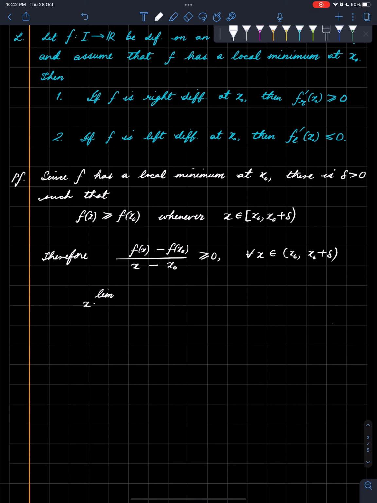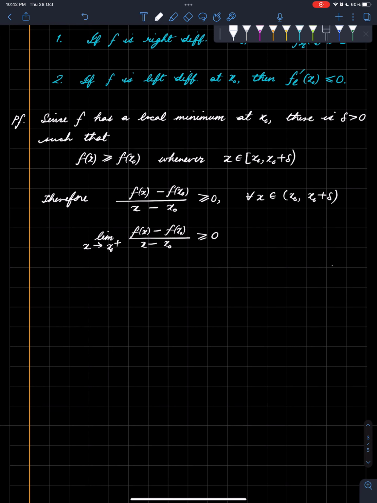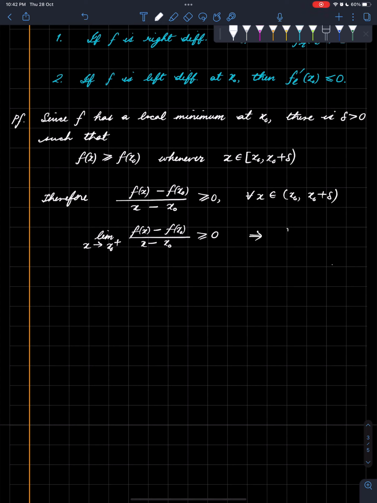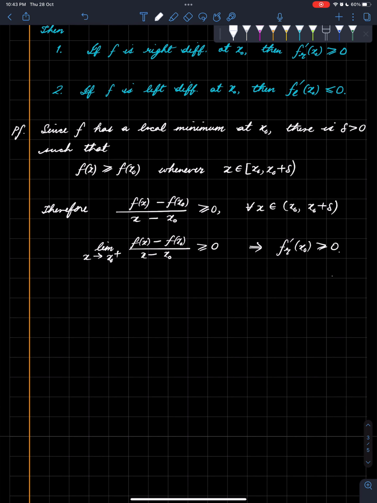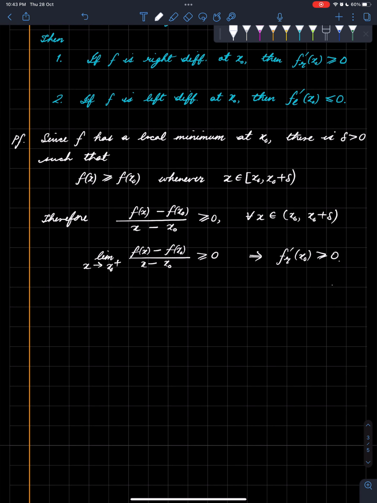Since we are assuming that the function is right differentiable at x naught, this limit exists, and by the above line this has to be non-negative. So that's it. That implies that the right derivative is non-negative, and exactly similarly, you can do the left derivative part. That's the proof.